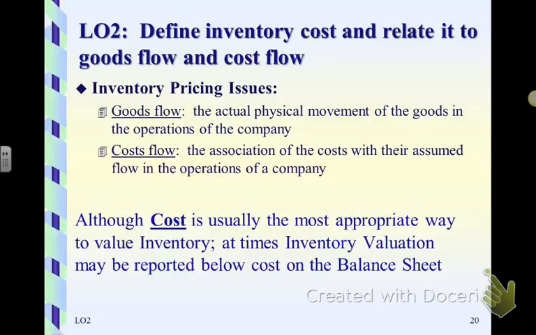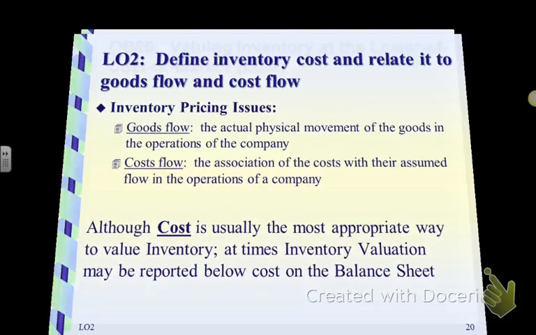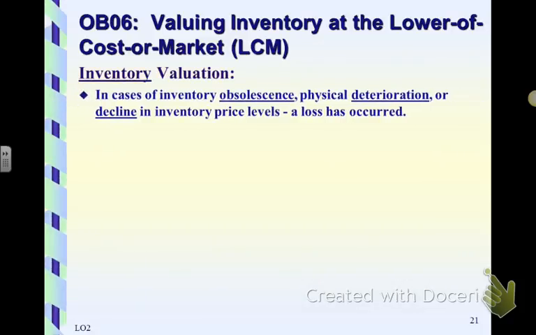Although cost is usually the most appropriate way to value inventory, at times inventory valuation may be reported below that on the balance sheet. We talked about that in chapter 3 maybe, where the value of the inventory has gone down because it's become obsolete, or there's been some sort of physical deterioration in that product, and the value of the item from a market standpoint has gone below the cost.